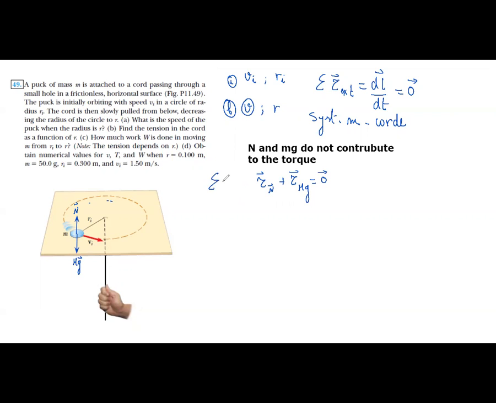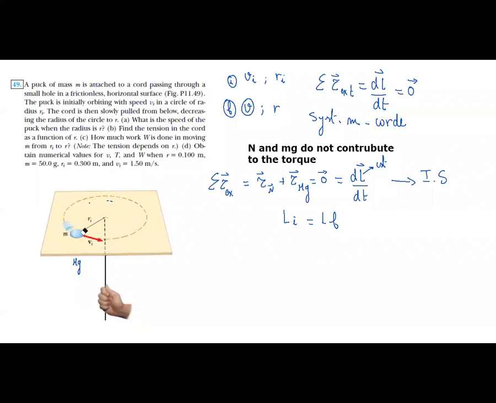This is the summation of tau external, which equals dL divided by dt. In this case, we can say L is constant and the system is isolated, so we have a conservation of angular momentum. L initial equals L final.